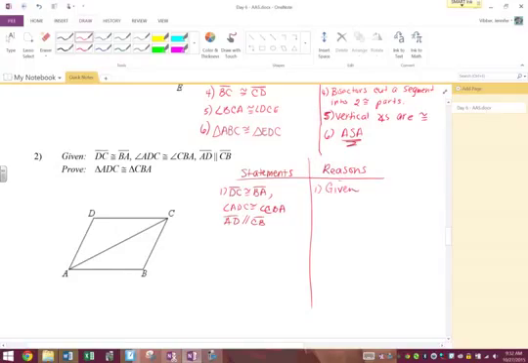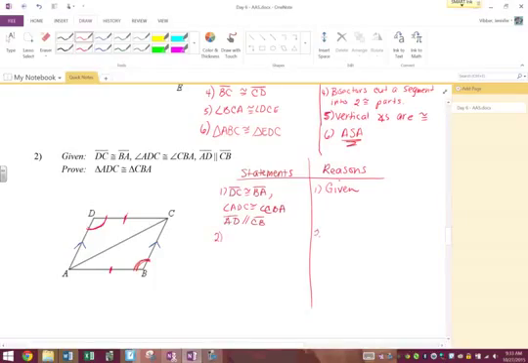Okay, so you should be writing your givens. Then let's mark the diagram. DC, BA, ADC, this guy, and CBA, that guy, and AD is parallel to CB. All right, so I have that.